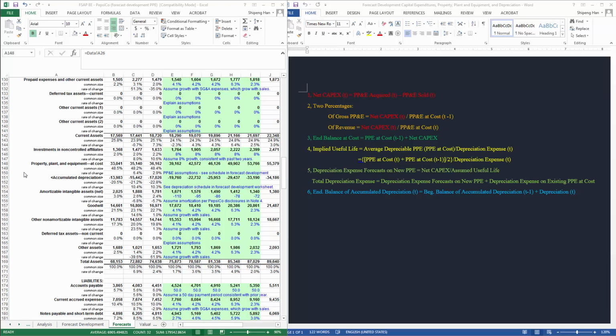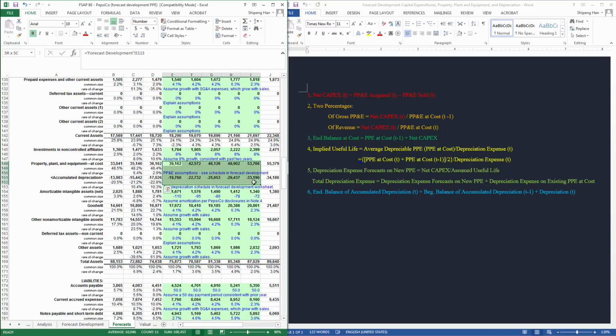Okay, in this video we are going to forecast the property, plant, equipment at cost and its contra account, accumulated depreciation. Actually, the two rows of the forecast balance sheet. Okay, so the numbers here, and the three columns here are reported numbers of 2010 to 2012.